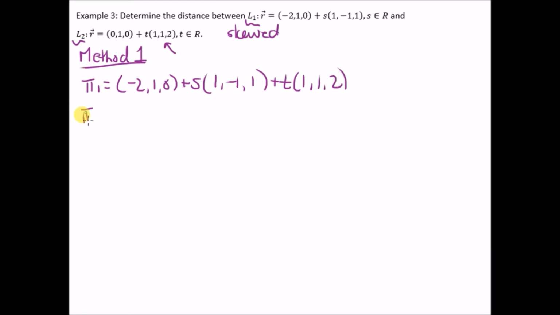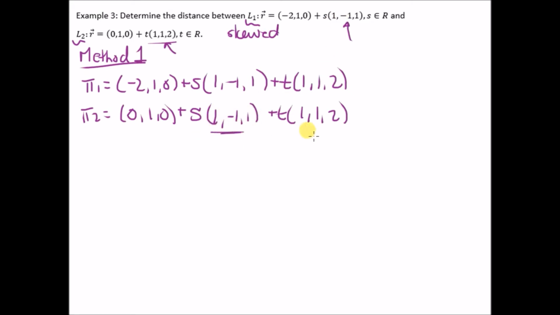Okay, and for plane 2, we're going to use the point that's on plane 2, which is 0, 1, 0, and then the direction vector that it already has, plus t(1, 1, 2). And then we're going to use the direction vector in the first line. Okay, by making these two direction vectors the exact same, we can guarantee that these two planes are parallel.